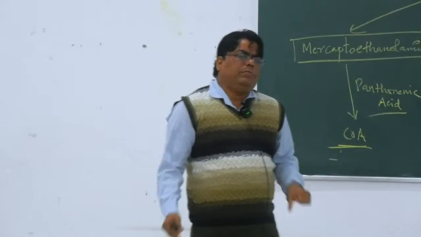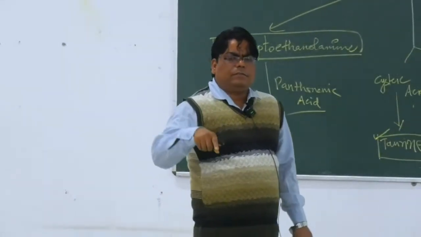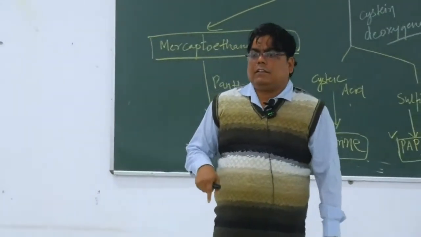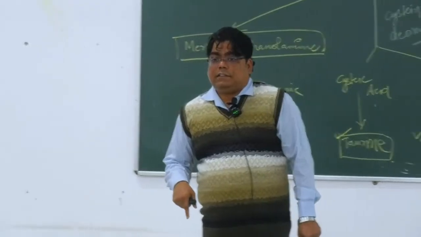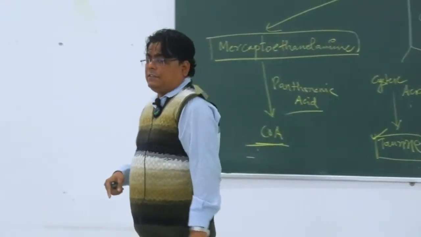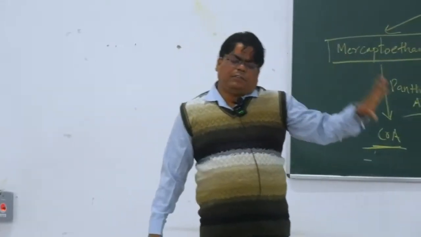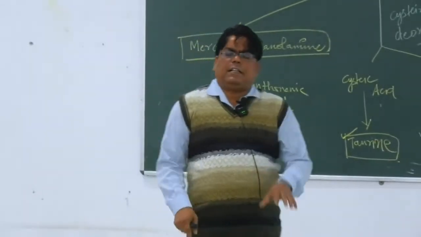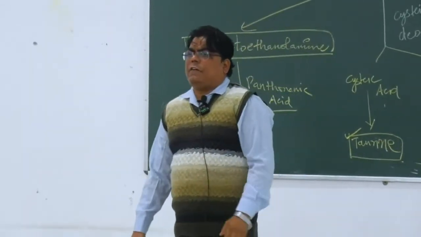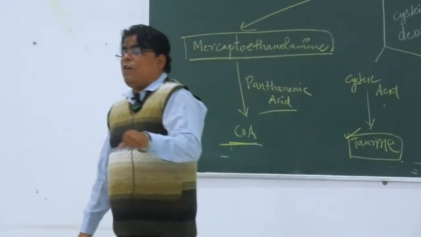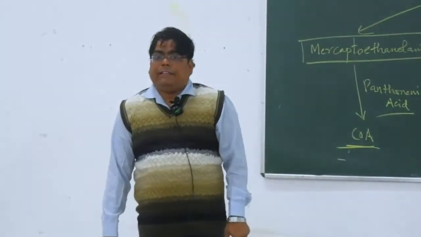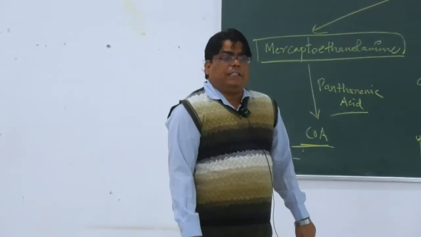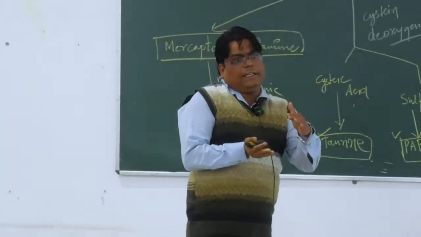With the help of enzymes, which enzyme is required here? Methionine adenosyl transferase is required, and after this reaction, the next step is the formation of S-adenosyl homocysteine, because homocysteine is forming here.